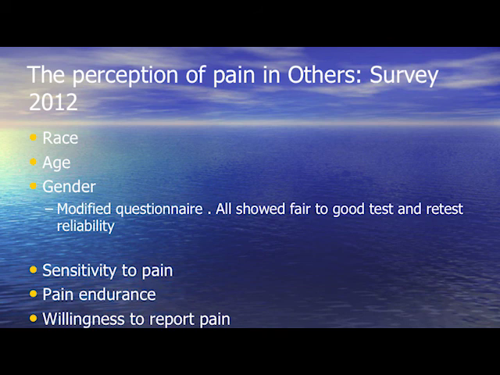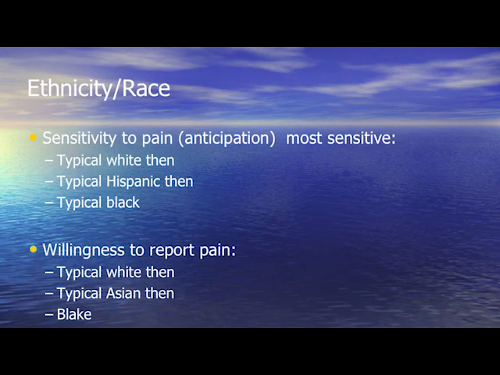They just went outside and asked people, if you feel pain, do you report that immediately or take time? So what they found is that for sensitivity to pain, to report that, typical white people are the first to report that, followed by the Hispanic and typical black. The willingness to report the pain immediately is higher in white people than in black people.